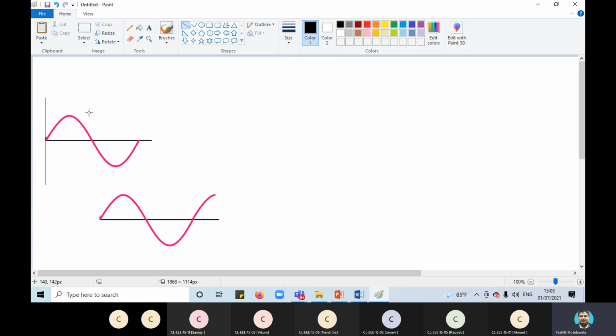Right, then here we have capital A, right? This is capital A. You can see phase angle is 0, right?